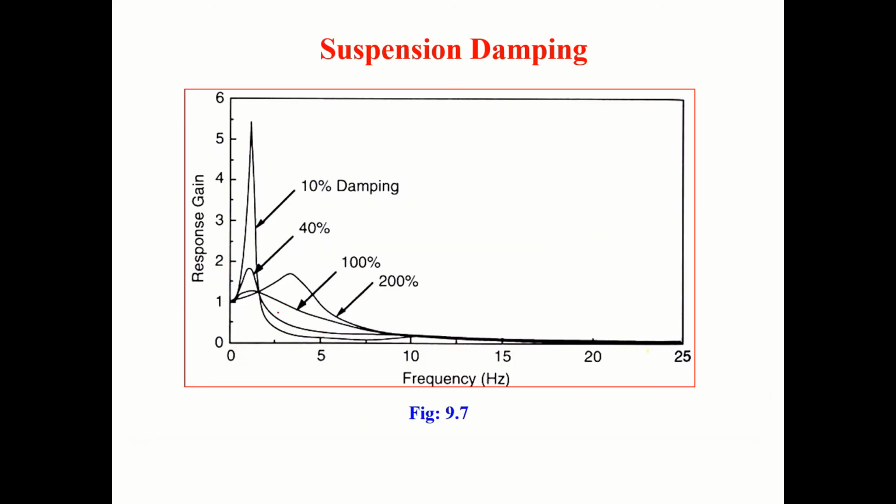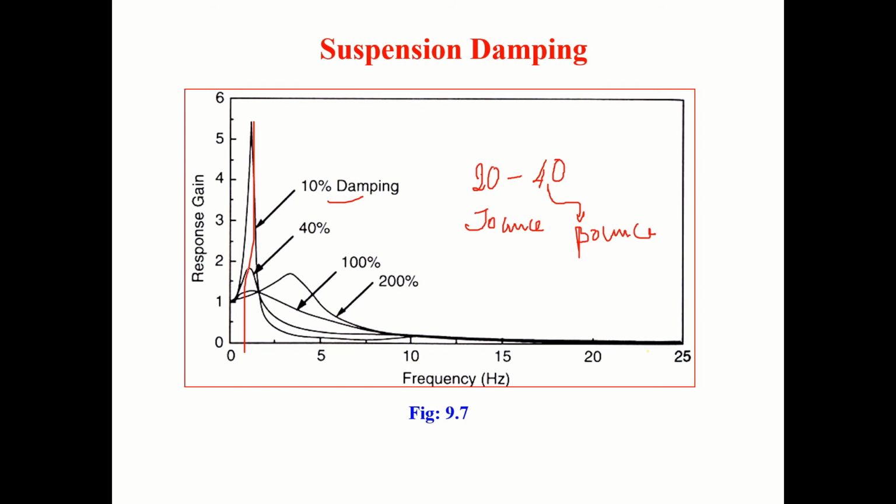And another very important thing is the damping. This also I explained. It is better to maintain a damping value of around 20 to 40%. There is something like Jounce stroke, you maintain 20%, and Rebound stroke you maintain 40%. If the damping value is very low, 10%, you can see the response gain at 1 Hz is very high. Maybe at other frequencies the value will come down.